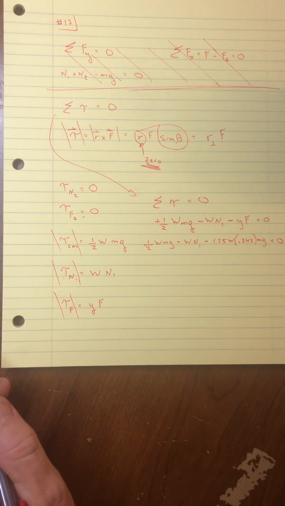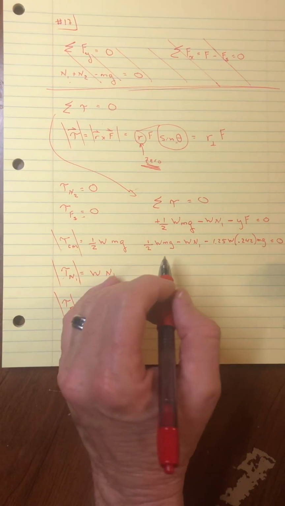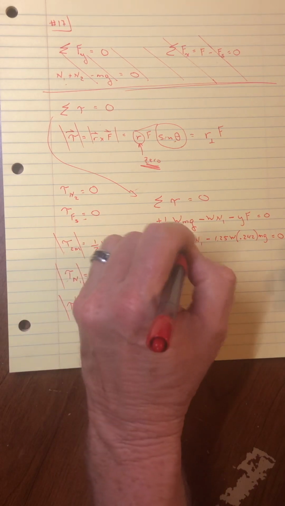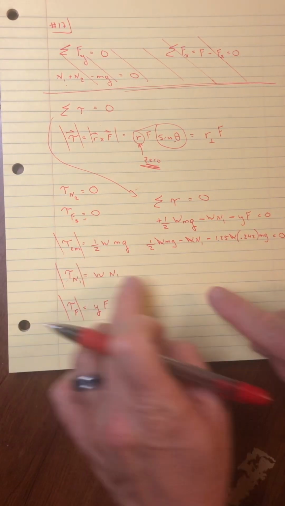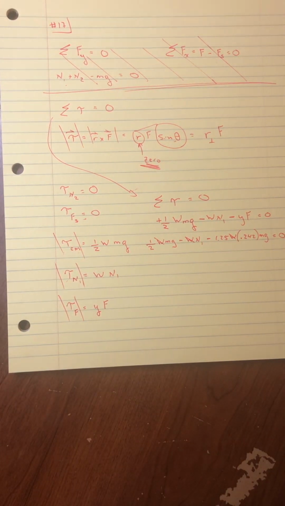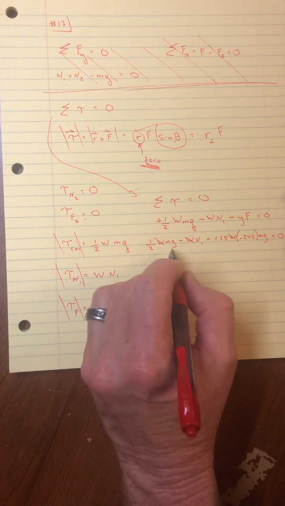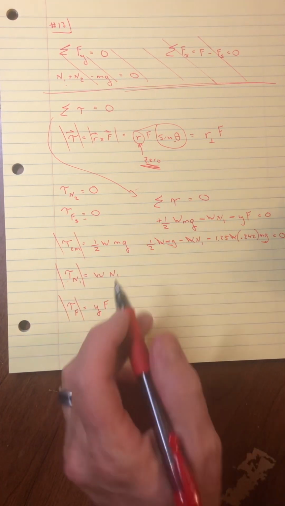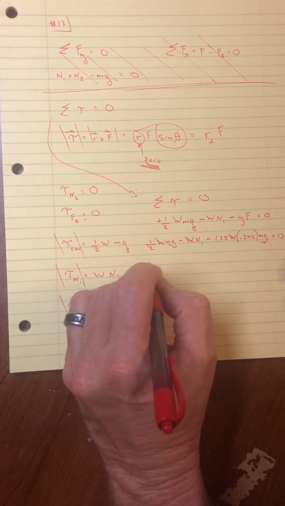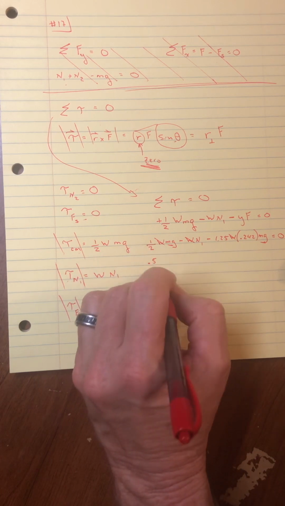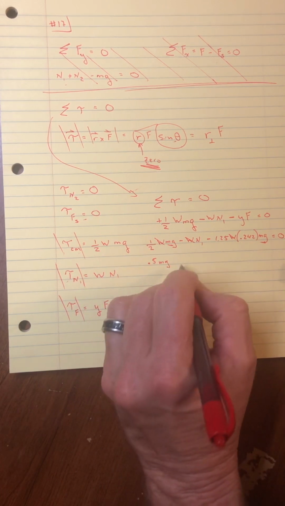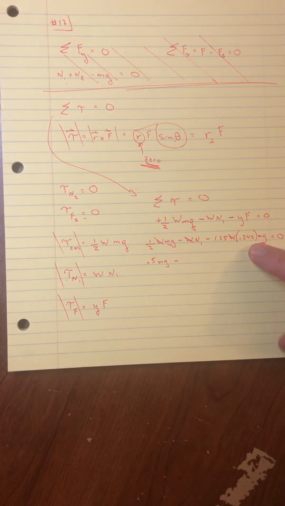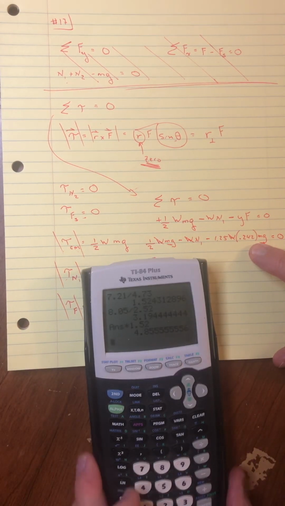Okay, so notice that every term has a width in it, so I can factor it out and divide it by 0. Okay, this right here, this mg and this mg can be brought together. I'll just write it as 1/2 or 0.5 mg minus, and I'm going to put those together.